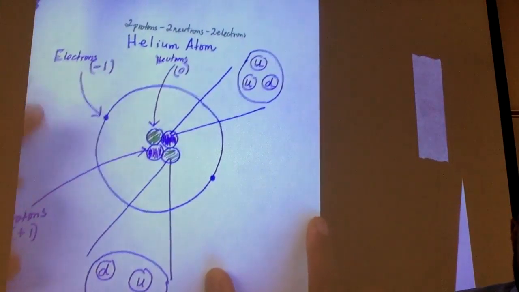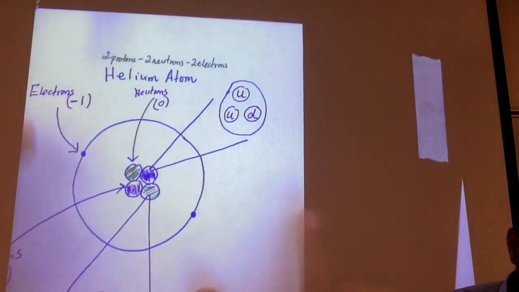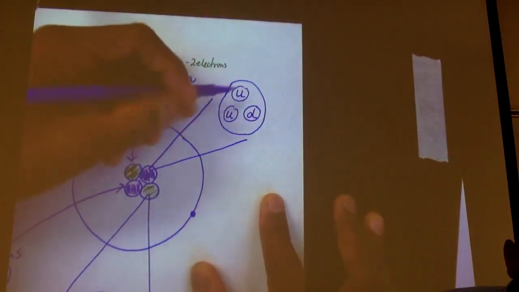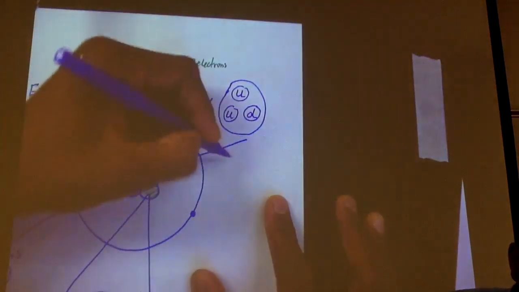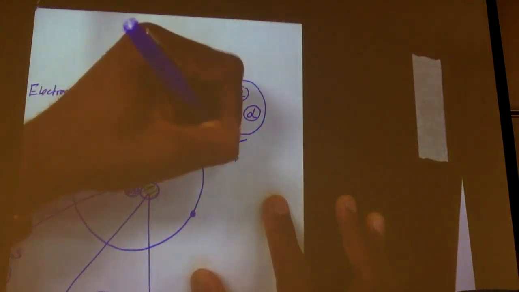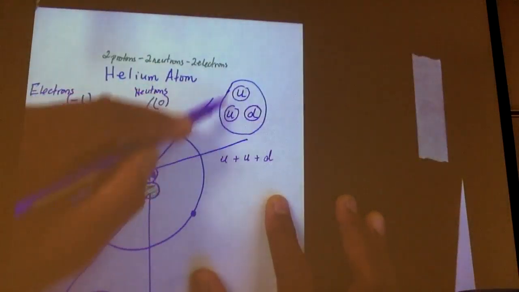So if you were asked to justify why the proton has a positive 1 charge, then you would need to add up the charges for the quarks. So up quarks we know have a charge of positive 2/3. So there's an up plus another up quark plus a down quark here.